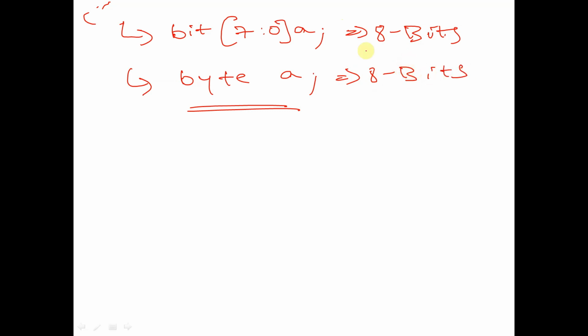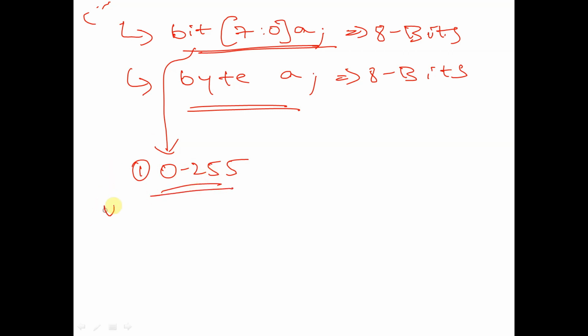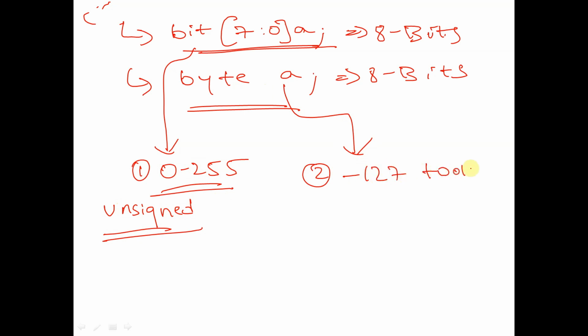So what is the range in the first case? 0 to 255. Since it is an unsigned number, we cannot represent negative numbers in this representation. And what is the range here? Minus 127 to 127.